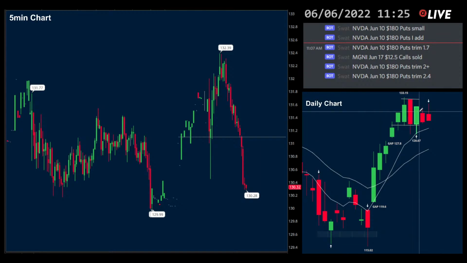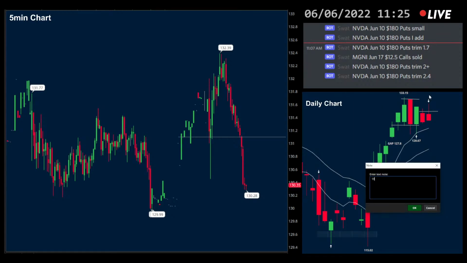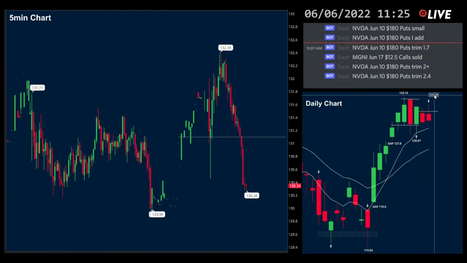Ugly reversal sell on JP Morgan, making a reversal sell and lower high versus last week's highs. So careful.